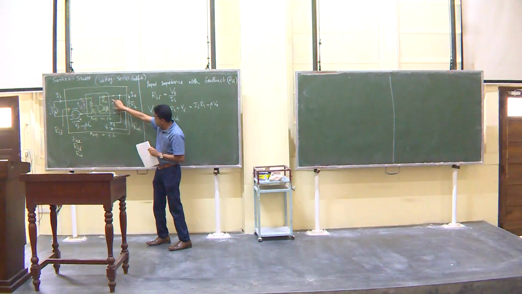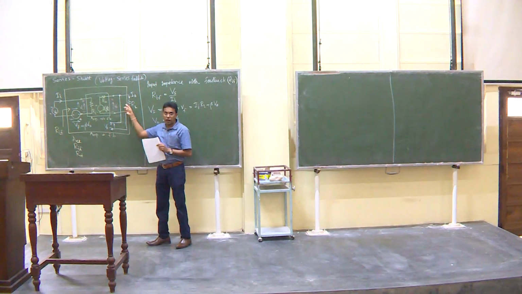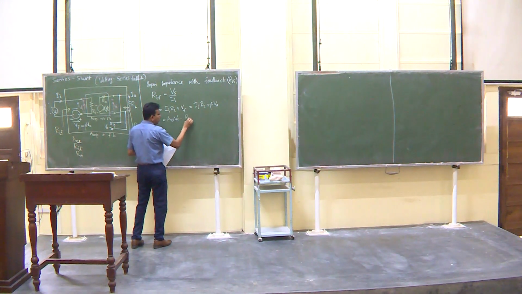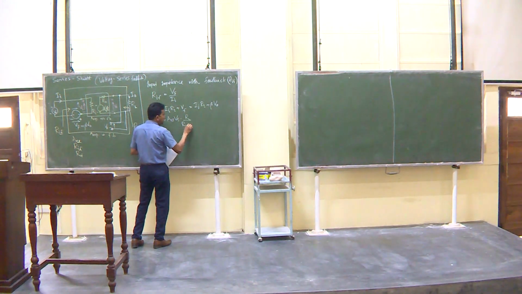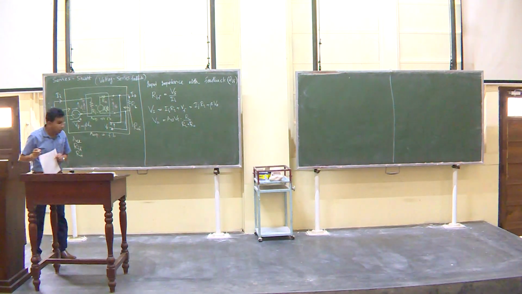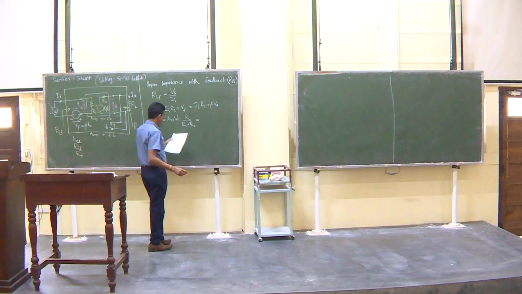This voltage will be the voltage division between R out and RL. So, therefore, this has to be multiplied by RL over RL plus R out, correct. So, that is my expression for V out.